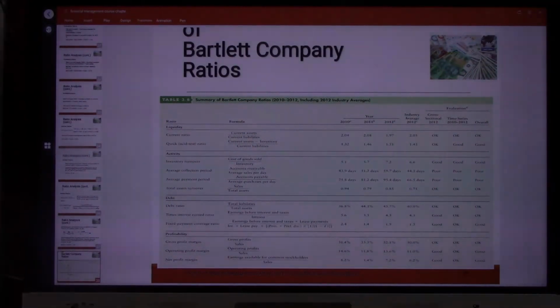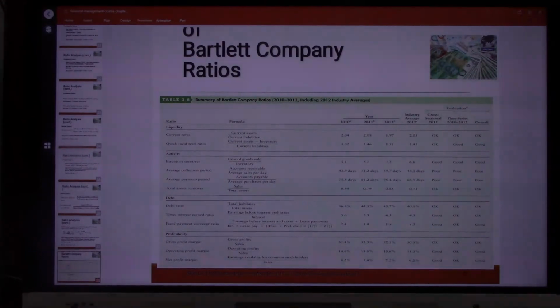As you see, for example, the current ratio in 2010 is 2.04, in 2011 it's 2.08, in 2012 it decreased to 1.97. When we compare it with the industry average, it's okay, it's almost around the industry average.